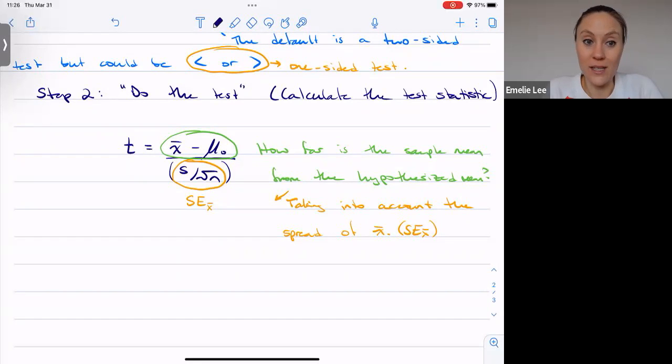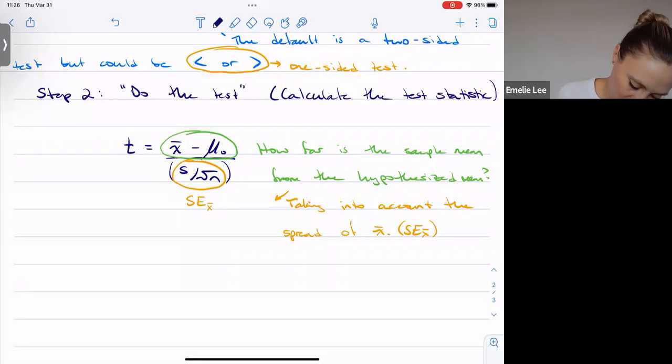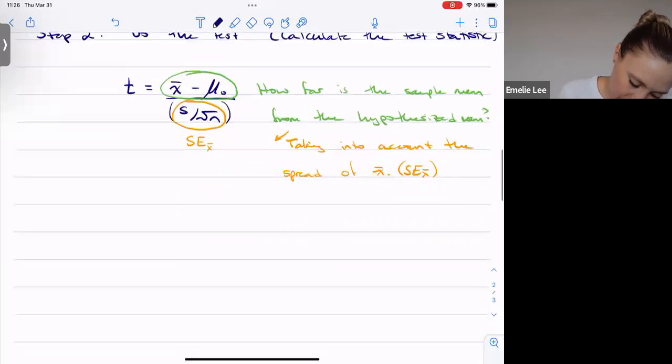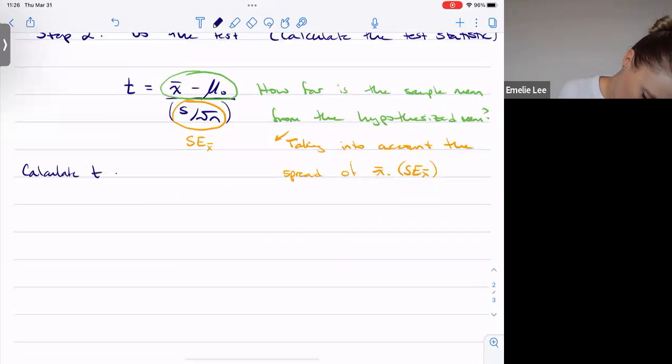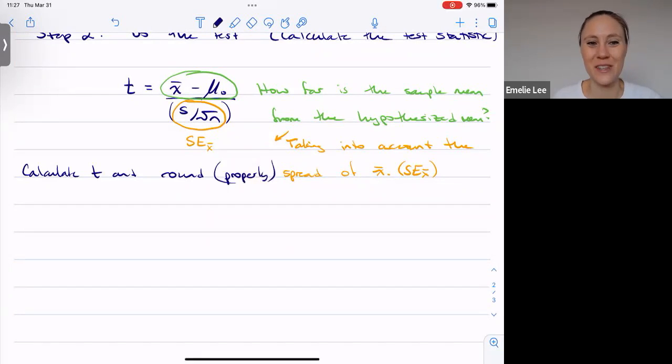So when we calculate the test statistic, we just grab all the information that we were given in the question. That's kind of hard, identifying this information. But once we've identified it, we just plug it into the formula and we arrive at some t. So calculate t and round properly, of course. Usually the mistakes that I see are rounding errors.